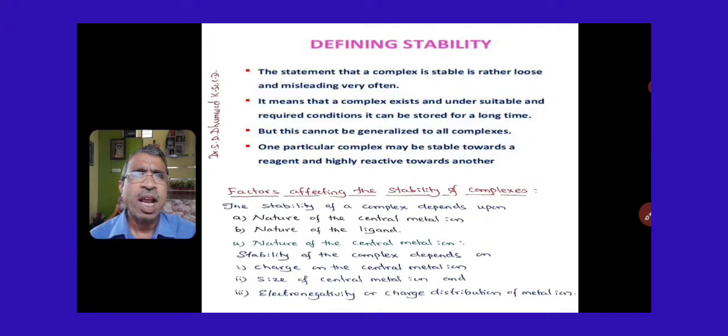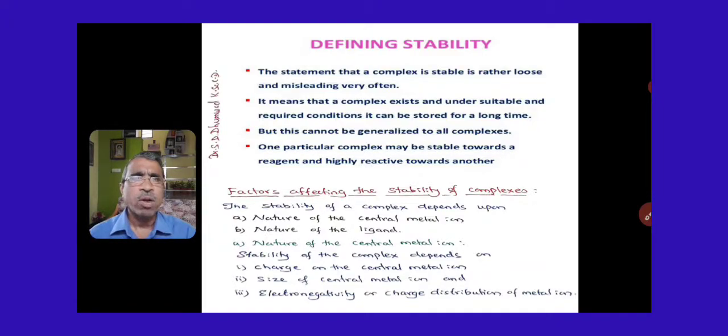That's why I said in the last point, one particular complex may be stable towards a reagent and highly reactive towards another reagent. Today, let us study the factors affecting the stability of the complexes.